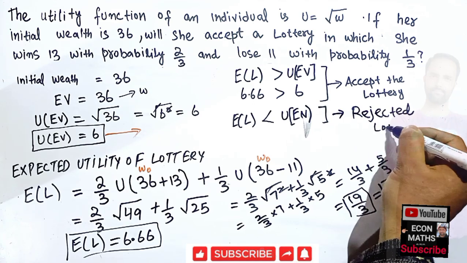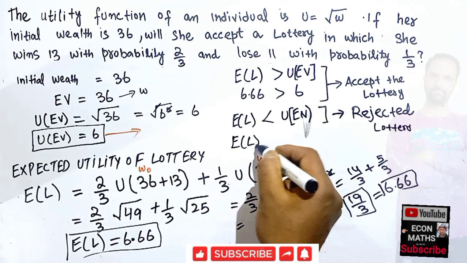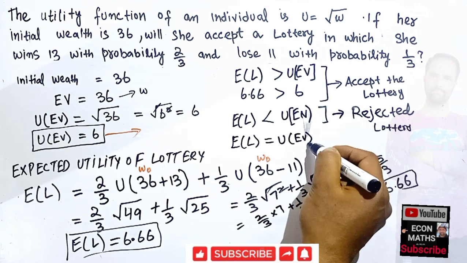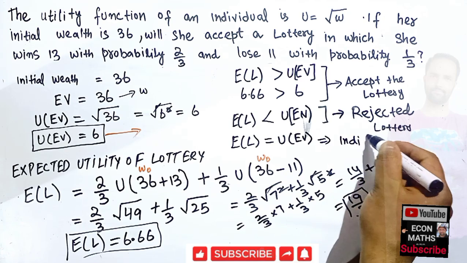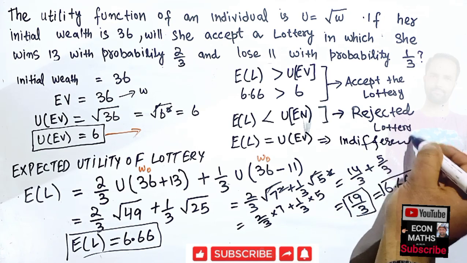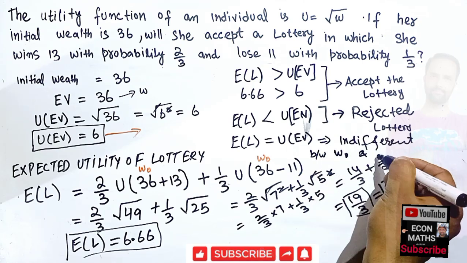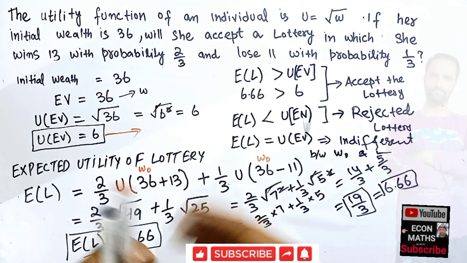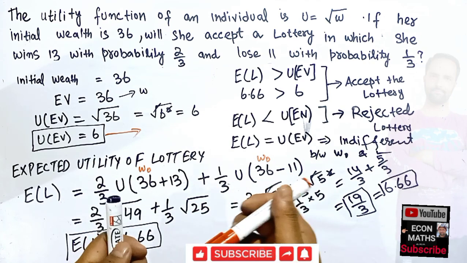If the expected utility of the lottery was equal to the utility of expected value, in this case she would have been indifferent between her initial wealth and the lottery. So we use expected utility to compare whether an individual will accept or reject a gamble.